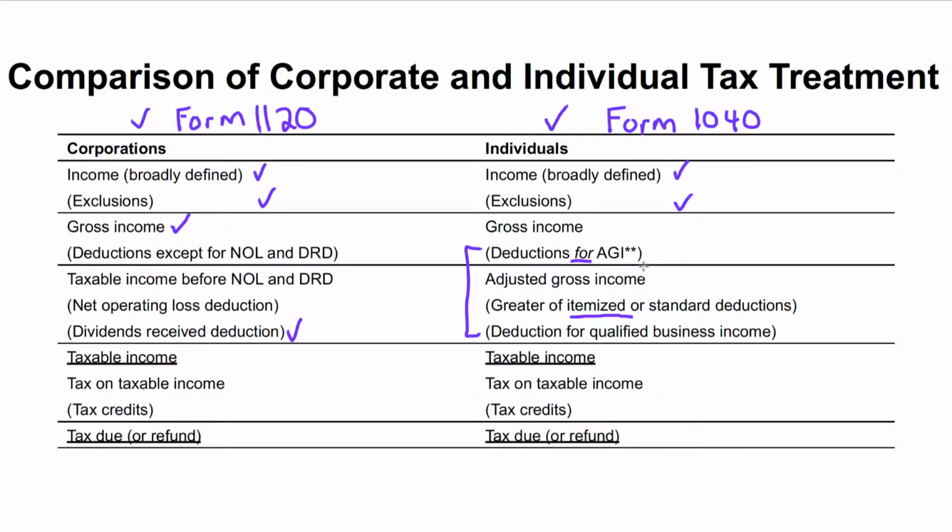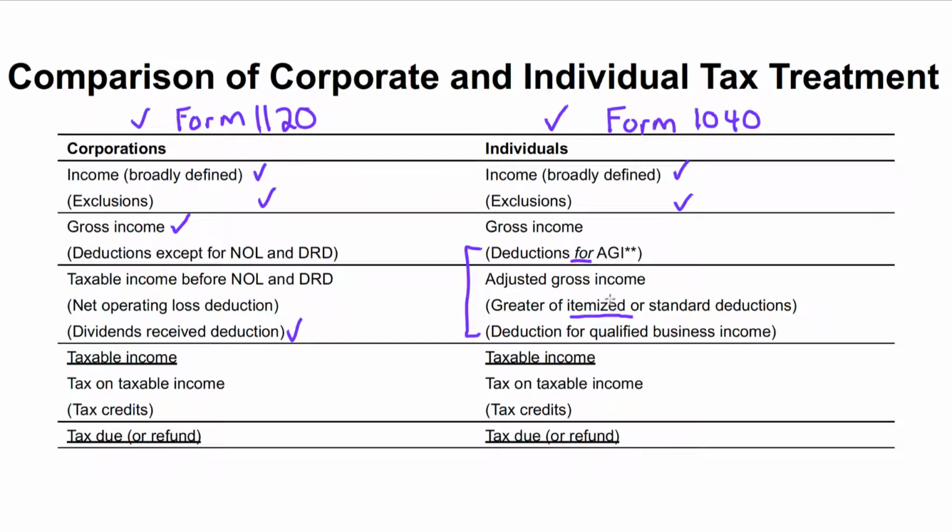You might recall from individual income tax that being an above the line deduction versus a below the line deduction is important for two reasons. First, it deals with limitations. There are limitations on below the line deductions that deal with AGI. You don't have that same case for deductions for AGI.